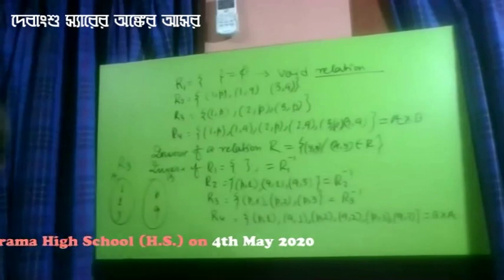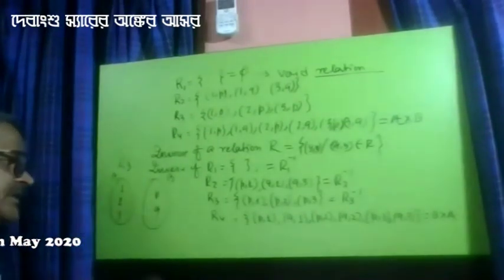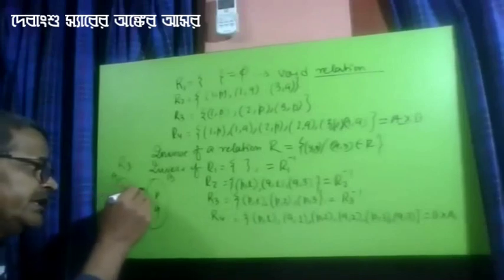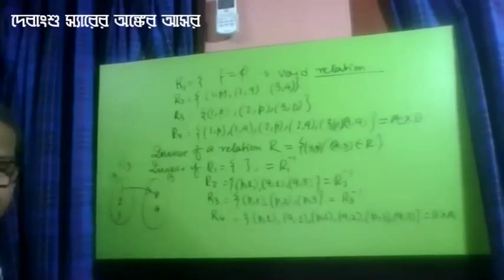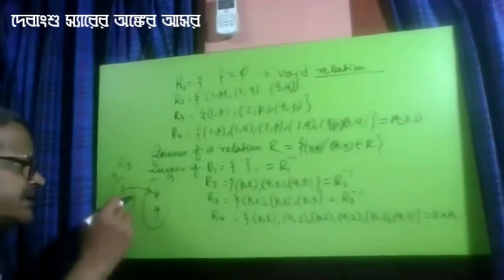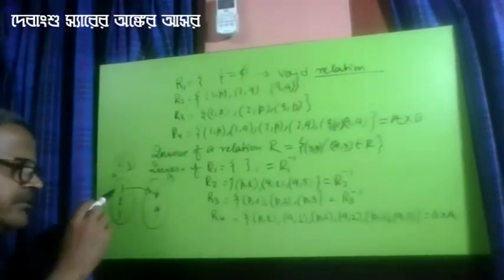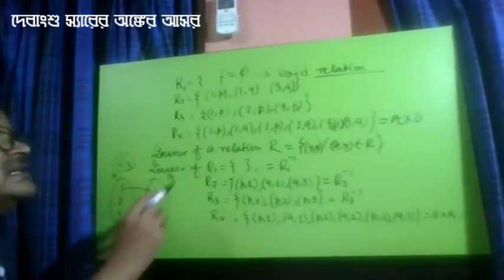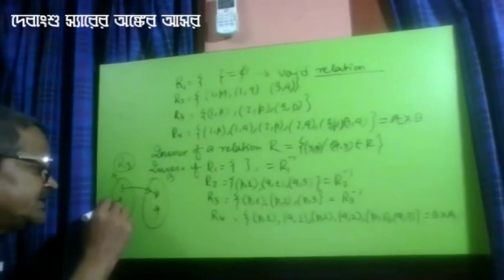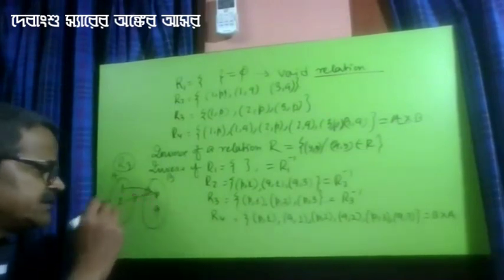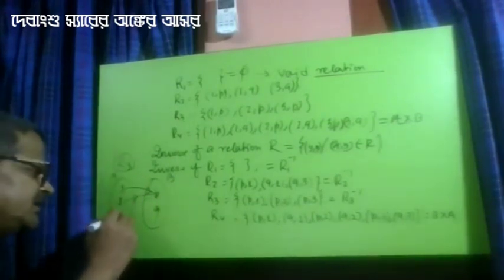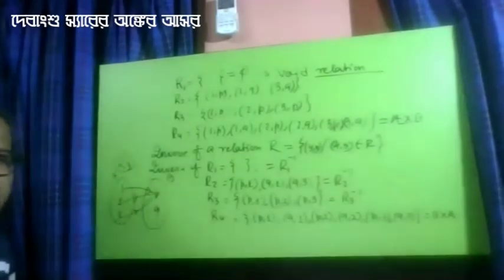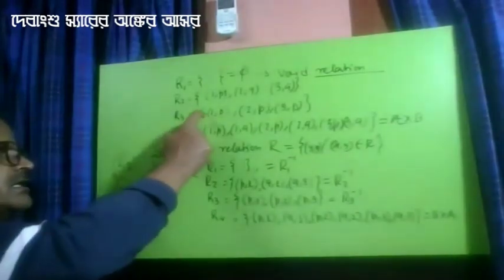First element is 1P, so you have to write an arrow starting from 1 that will hit P. Since 1P is in R3, there will be an arrow which hits P. Since it is 2P, there is another arrow which hits P. And it is 3P, so there is an arrow which hits P. So this is the arrow diagram of R3.